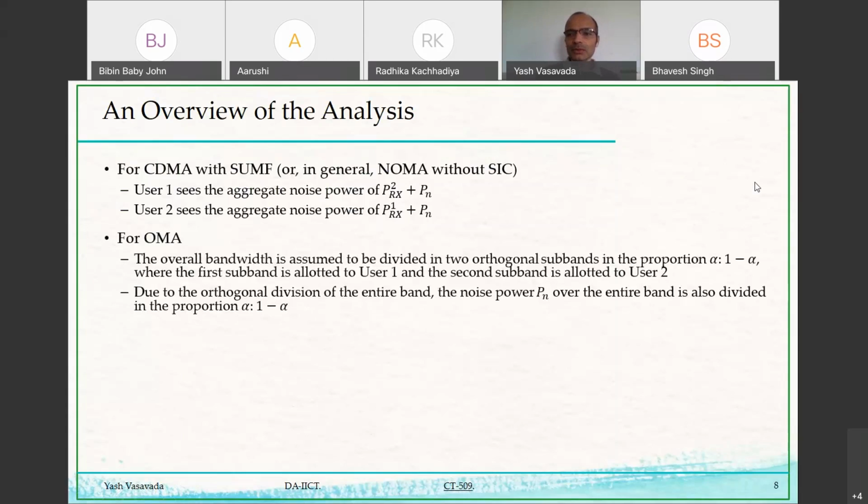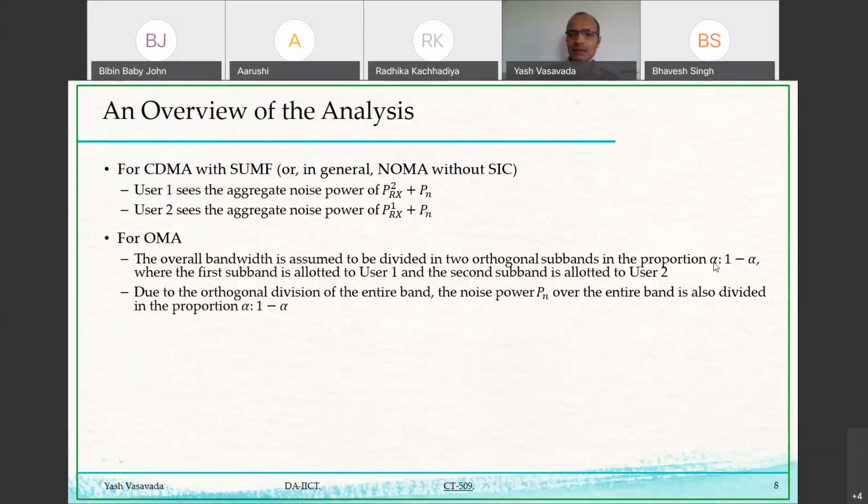What about orthogonal multiple access? Well, let us assume that the bandwidth allocation is in the proportion alpha and 1 minus alpha. Recall that in that illustration, I had made alpha equal to 0.5. So both the users were using 50% of the overall bandwidth. In general, that doesn't have to be the case.